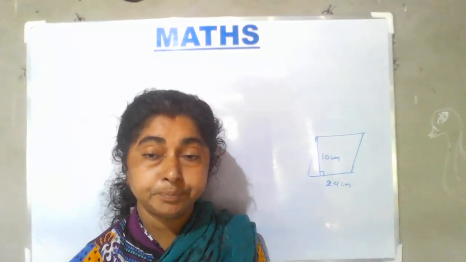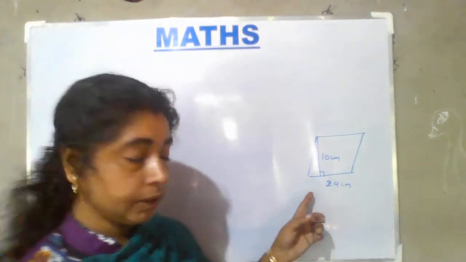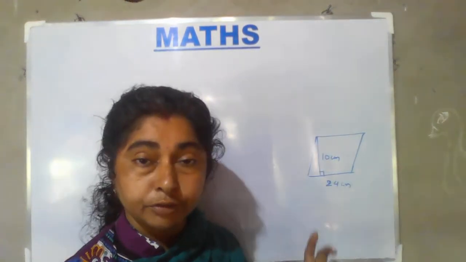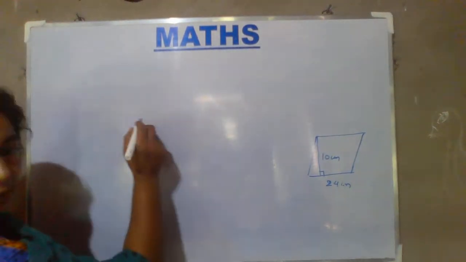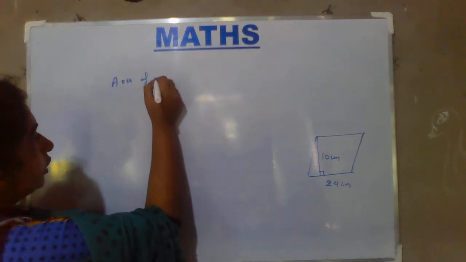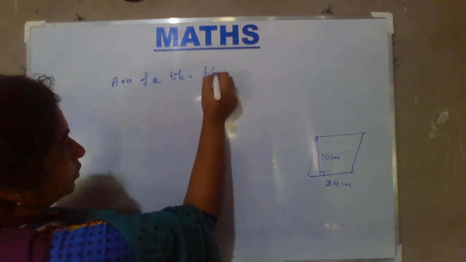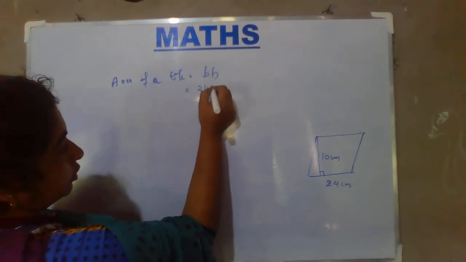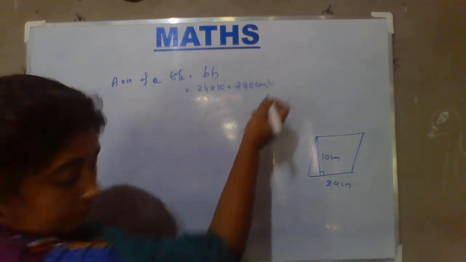Now we find the area of each tile. This tile is in the form of a parallelogram. So area of parallelogram is base into height. So area of a tile is base into height, that is 24 into 10 equal to 240 square centimeter.